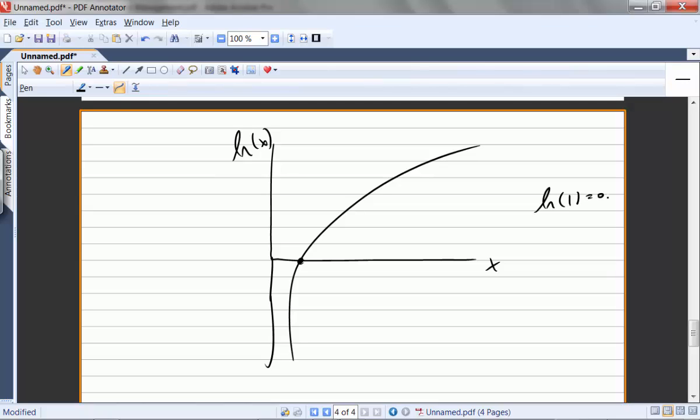But natural logarithm of 0 isn't defined, right? What happens is this actually asymptotically approaches the vertical axis but never touches it. So there is no natural logarithm of 0. When x is equal to 0, natural logarithm is not defined. But what we can say is as x approaches 0, the natural logarithm of x approaches negative infinity, right?